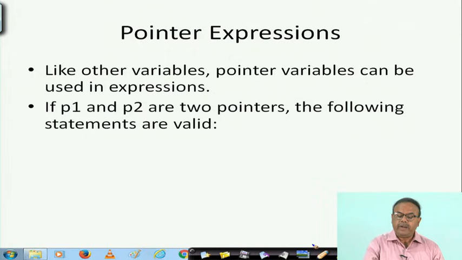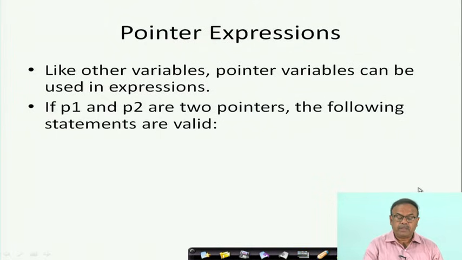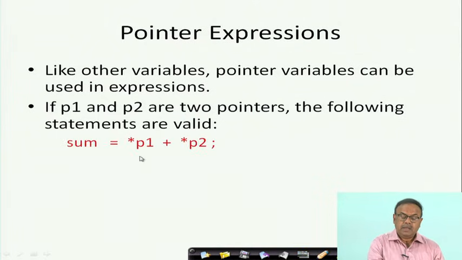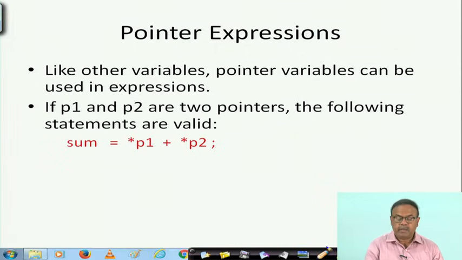Like other variables, pointer variables can also be used in expressions. If P1 and P2 are two pointers, the following statements are valid: star P1 plus star P2. What is meant by that?